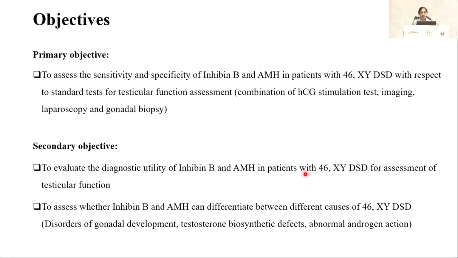The primary objective was to assess the sensitivity and specificity of inhibin B and AMH in patients with 46XY DSD with respect to the standard test for testicular function assessment, which includes a combination of HCG stimulation test, imaging, laparoscopy, and gonadal biopsies. The secondary objective was to evaluate the diagnostic utility of inhibin B and AMH for testicular function assessment and to assess whether inhibin B and AMH can differentiate between different etiologies of 46XY DSD.